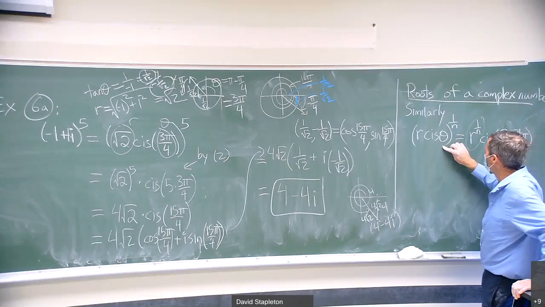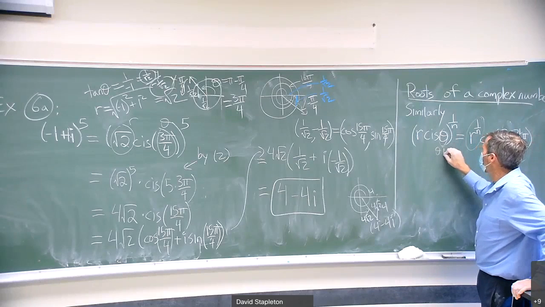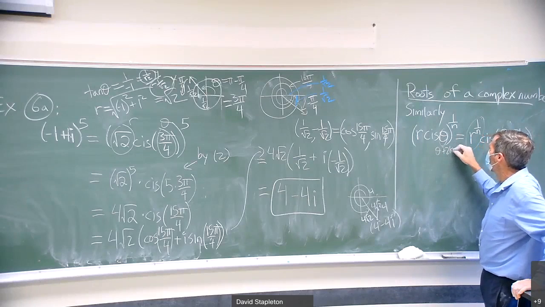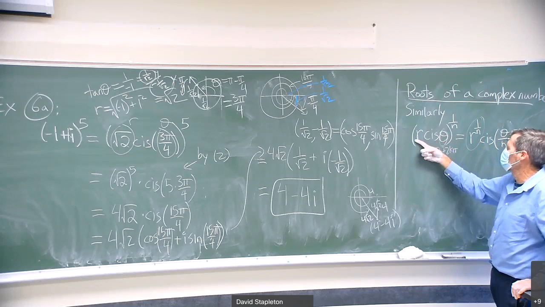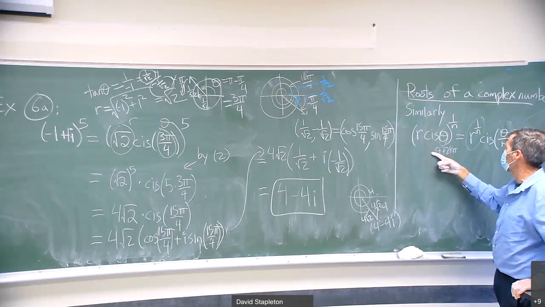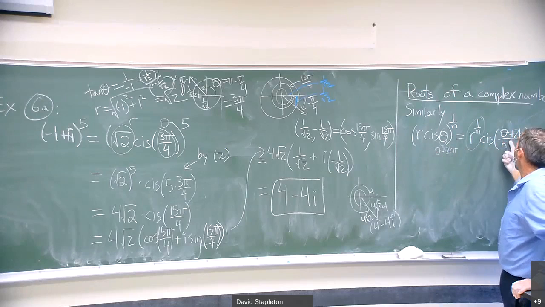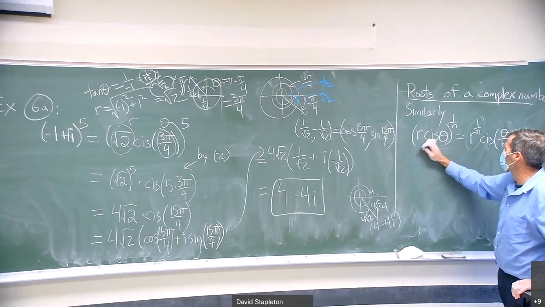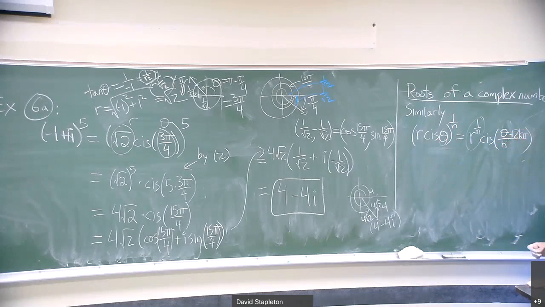Replace theta with theta plus 2k pi. This will have the same value, multiplied times r will have the same value. If this is the same complex number, then this is also a root of r cis theta. So, in fact, all the numbers that multiply out n times to give r cis theta are these, with theta plus 2k pi, where k equals any integer.